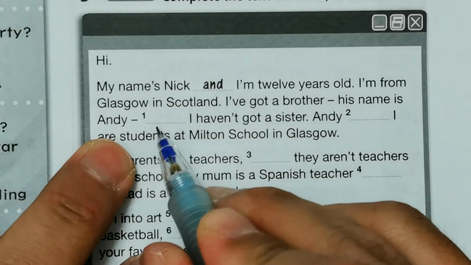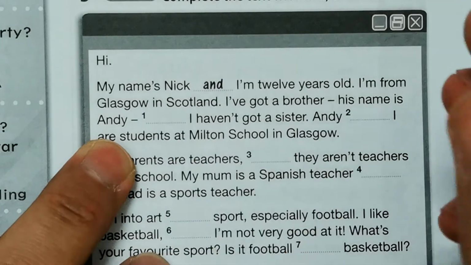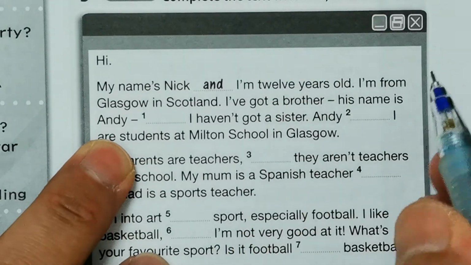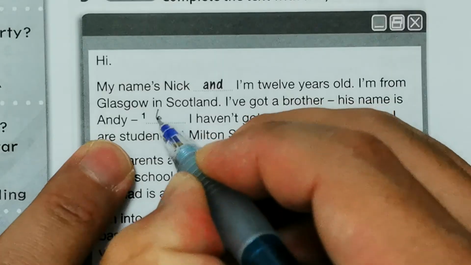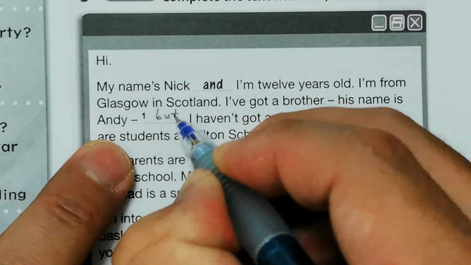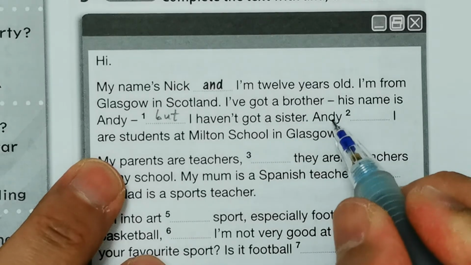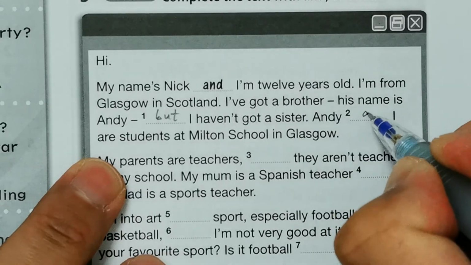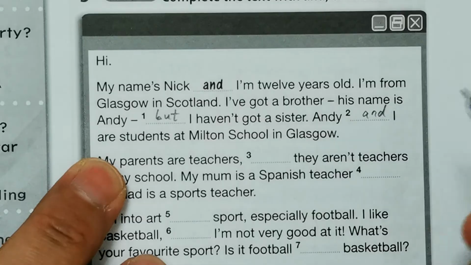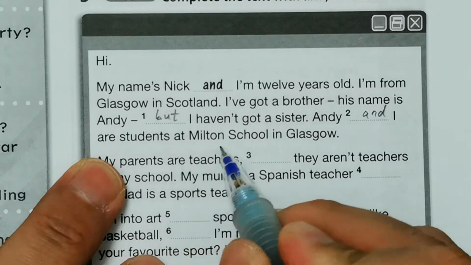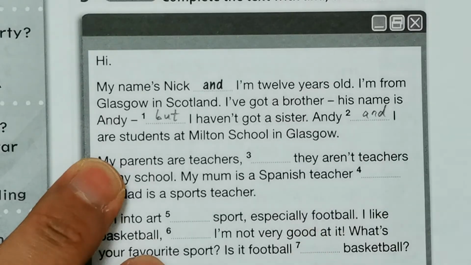And then you stated, number 1, but. So, but I haven't got a sister. So you use the conjunction but here. Andy and I are students at Milton School in Glasgow.